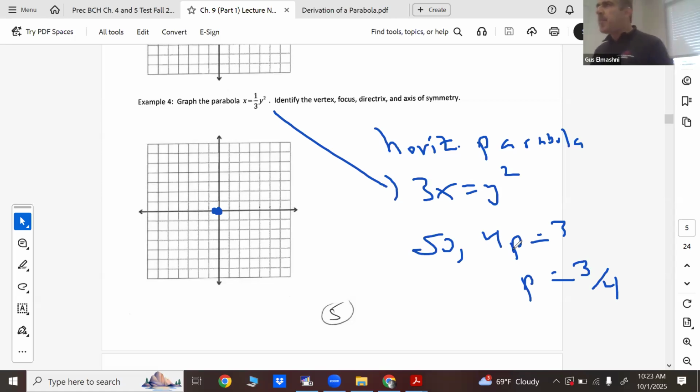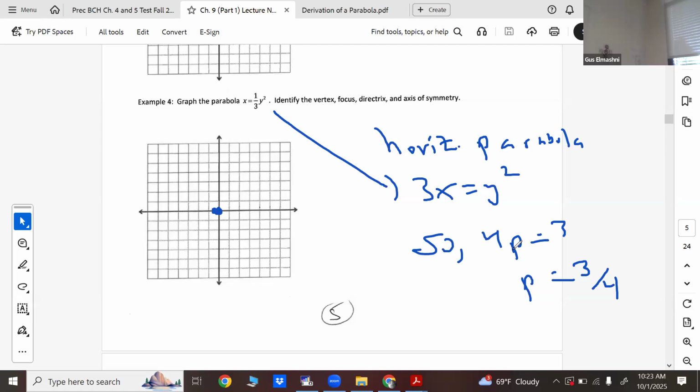Do you see how I did that? It's a little onerous on the board. So you really want to compare it to the standard form. And in all likelihood, I'll give you the formulas for conics, because I think I always have. So you just relate it. Then what you can do is go 3/4 away.